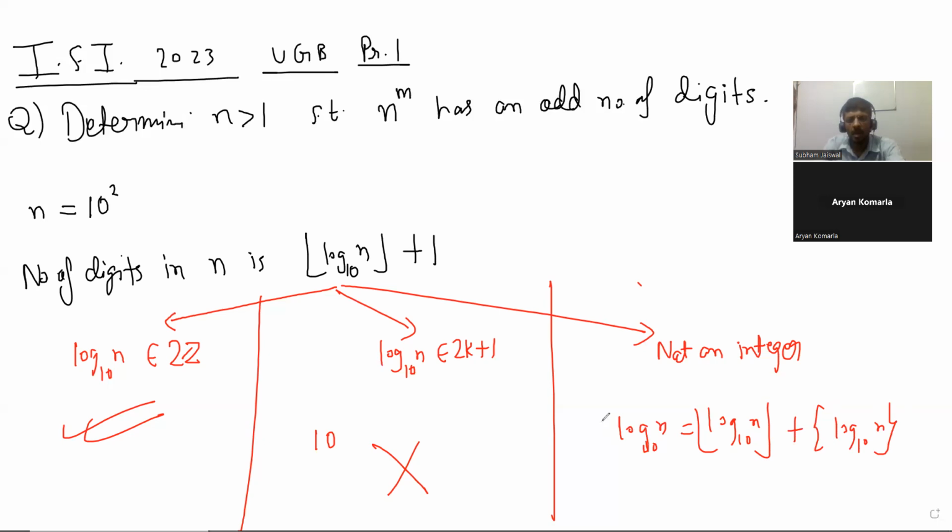What happens is, if we assume this log base 10 n thing is even, which is what we want, then by contradiction, as we keep adding, this fractional part accumulates and it will give a carry of 1.